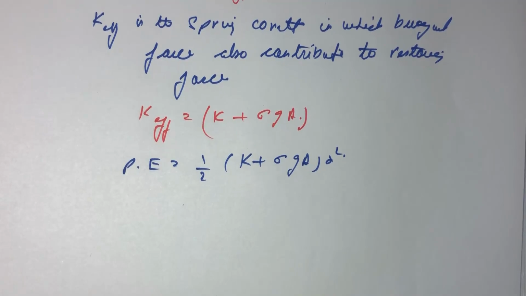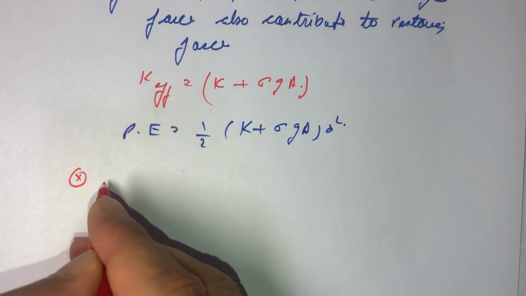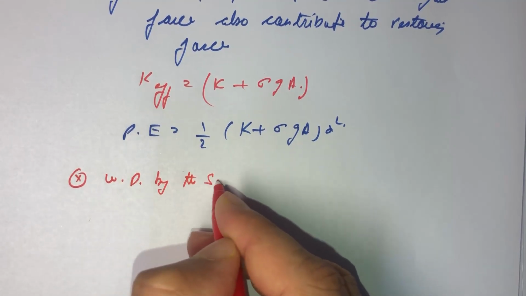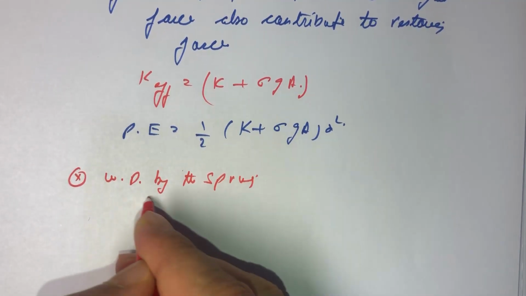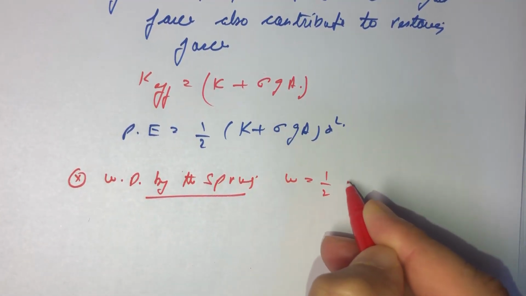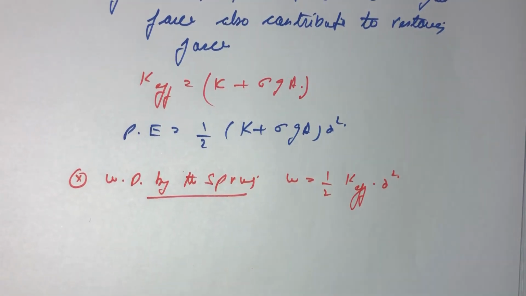And we can also find out the work done by the spring, which will be equal to W is half, once again it will be k effective times x square.